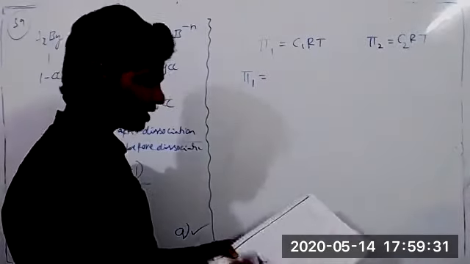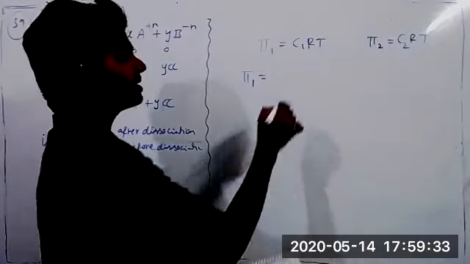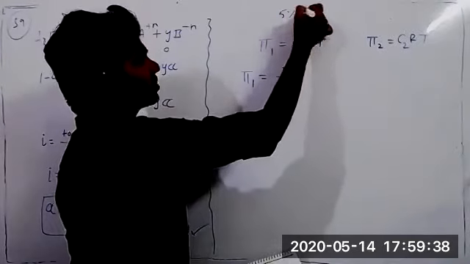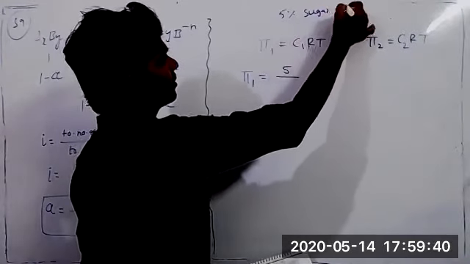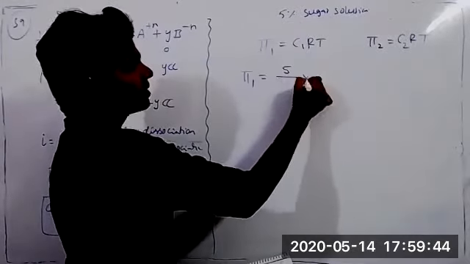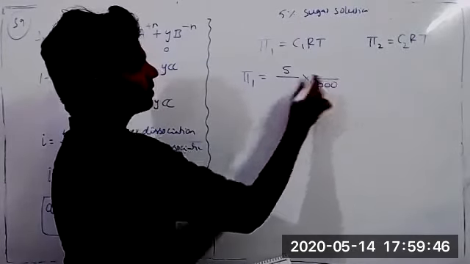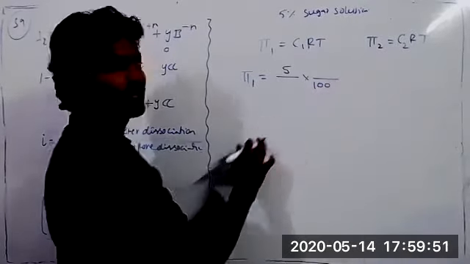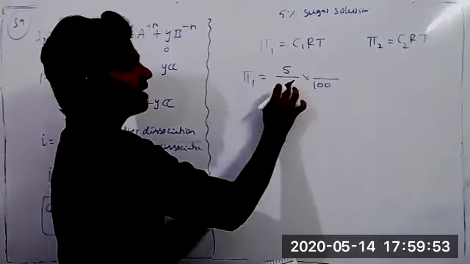So pi 1 is equal to C1, concentration, the number of moles. This is a 5% solution, that means 5 by 100, 5 grams of sugar is present in 100 ml of solution. Here we are writing the molarity formula only.